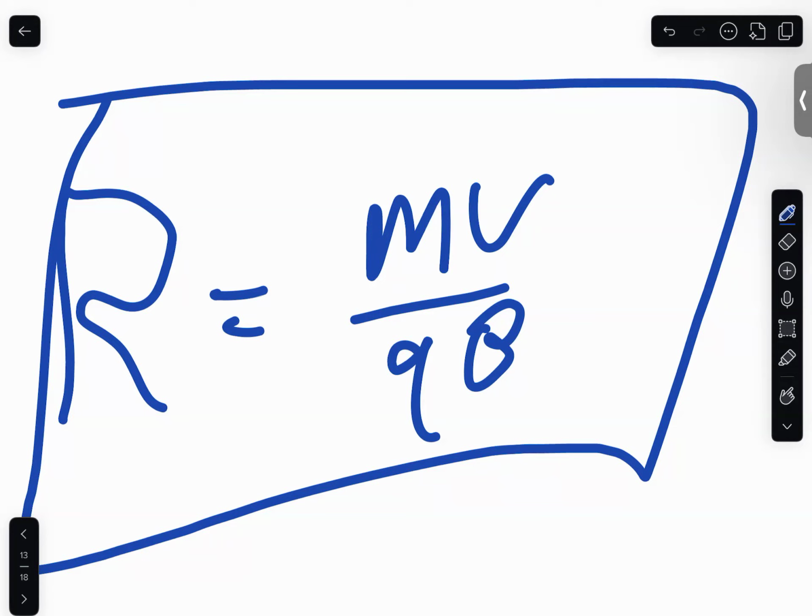Questions on cyclotron radius? Quick survey, just raise your hands. Who remembered that circles are accelerating? How many people remember the circumference of a circle is 2 pi r, not pi r squared? How many remembered that period and frequency are inverses?